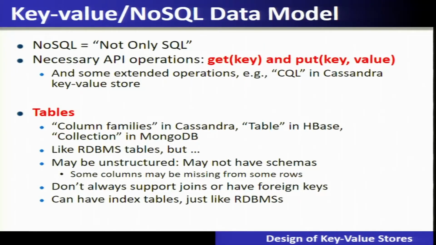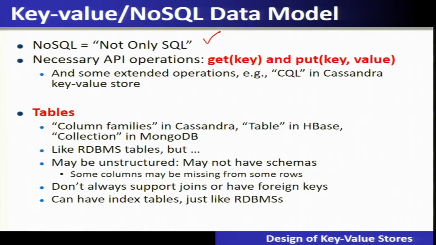Now, these key value stores also support a model called the NoSQL data model. Let us understand what NoSQL means. The full form of NoSQL is not only SQL, and the necessary APIs to access this information are called get by key and put by key and value.